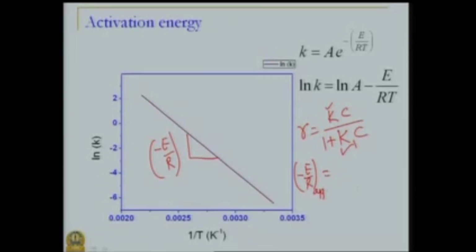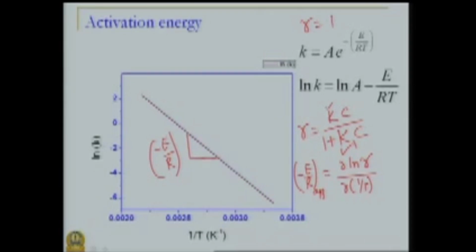Recalling the same exercise that we did for apparent order, it is now del ln R divided by del of 1 over T. Recall that R is K into C. So, if this was my kinetics, del ln K by del 1 over T would be the same as del ln R by del 1 over T, because ln R is nothing but ln K plus ln C. So, the derivative with respect to 1 over temperature of R and K will be the same, and this is what is used in finding the apparent activation energy.